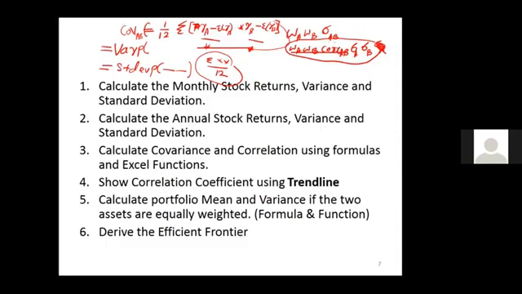So, for example, you can select a portfolio. Say there are 4 assets, A, B, C, and D. You can assume proportionately, if you have invested in each asset, then we can take 25%, 25%, 25%, like that.